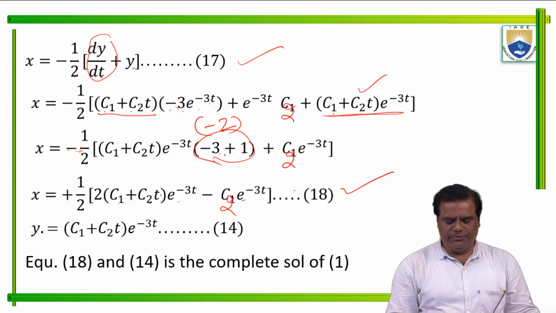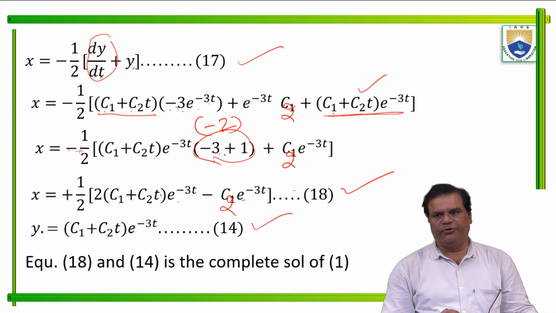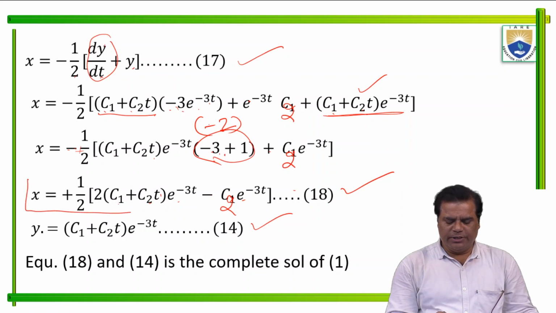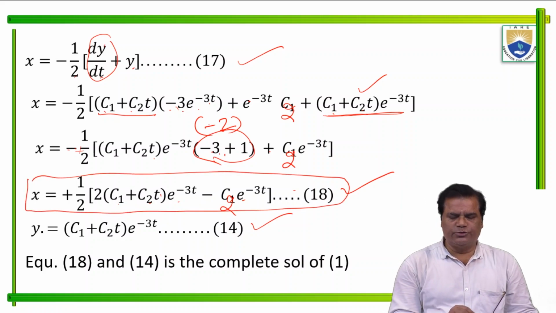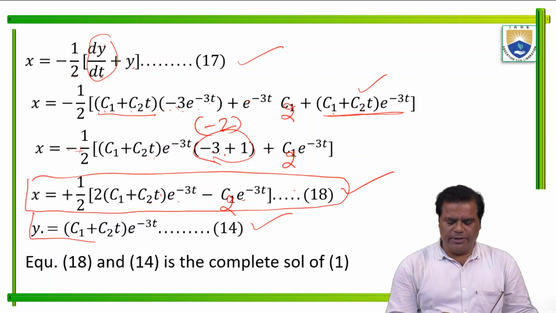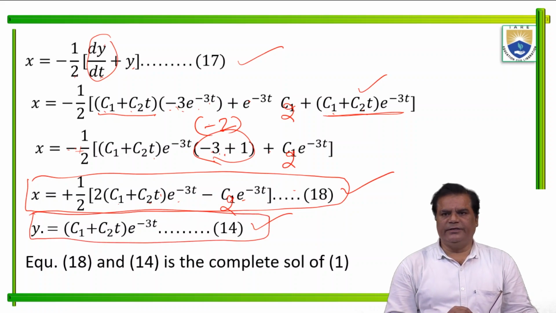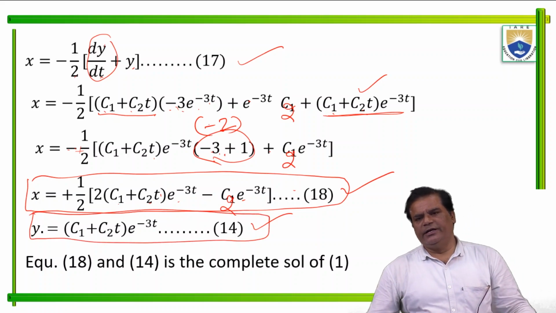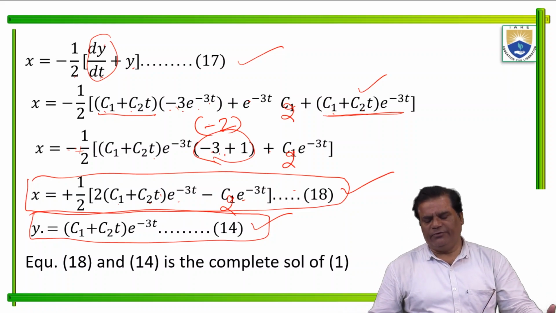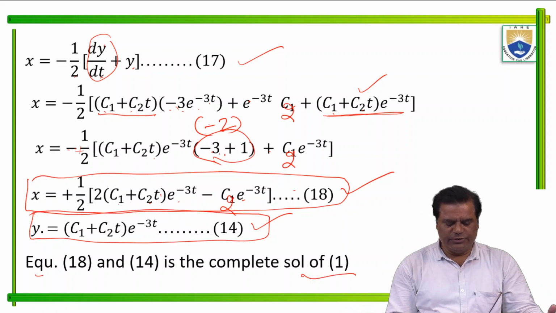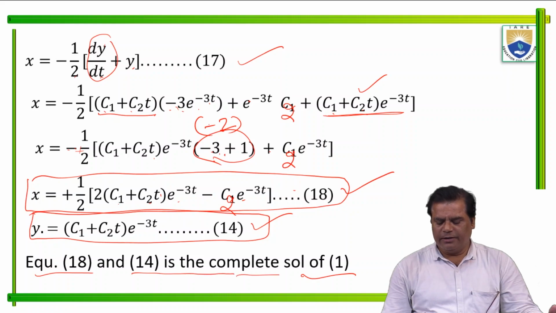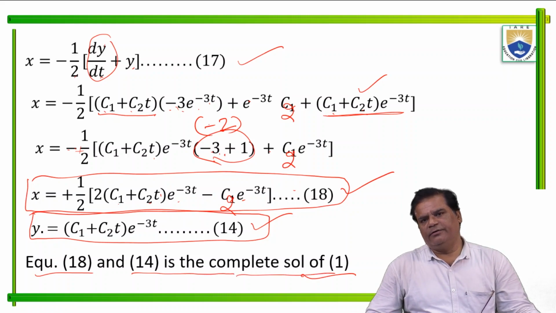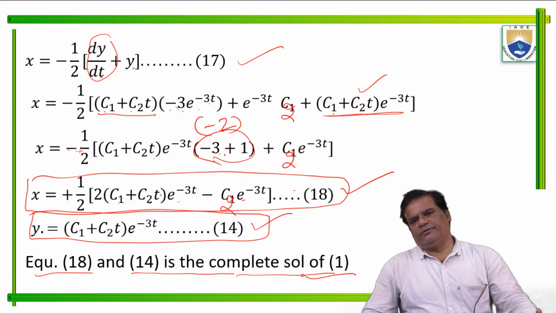And y equals (c1 plus c2t) e to the power minus 3t, which is equation 14. Equation 18 is the solution of x, and equation 14 is the solution of y. So equations 18 and 14 are the complete solution. But this is the general solution.